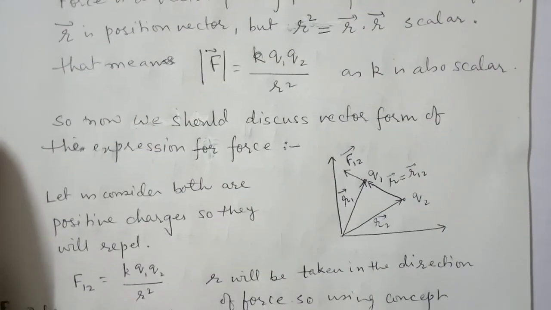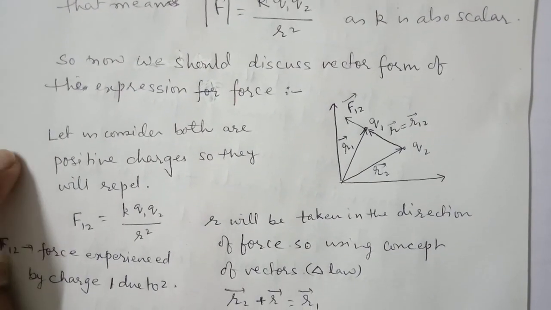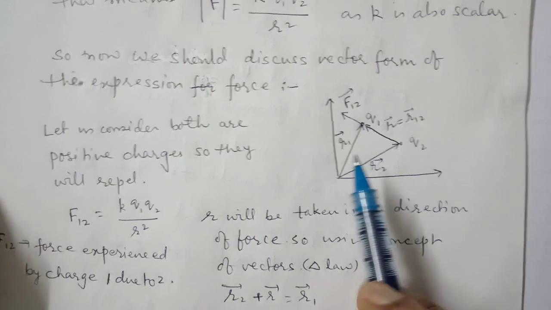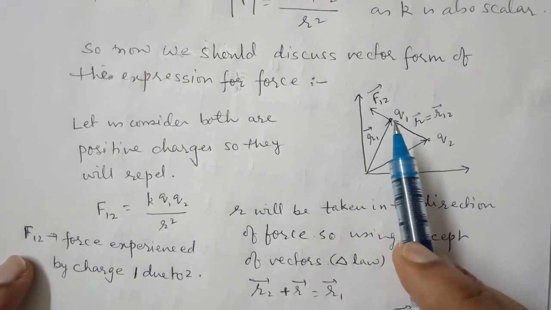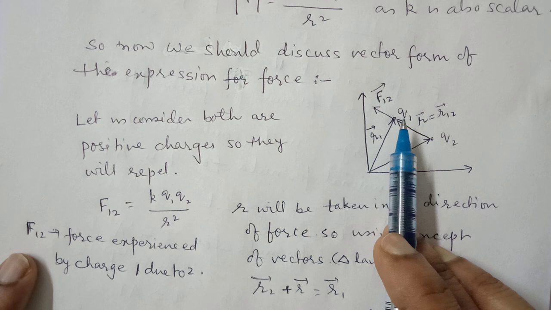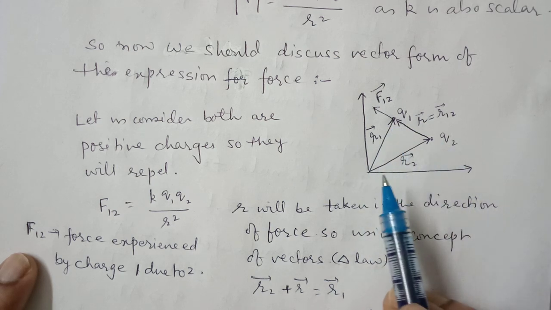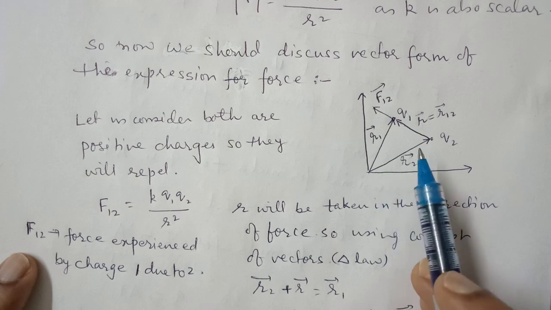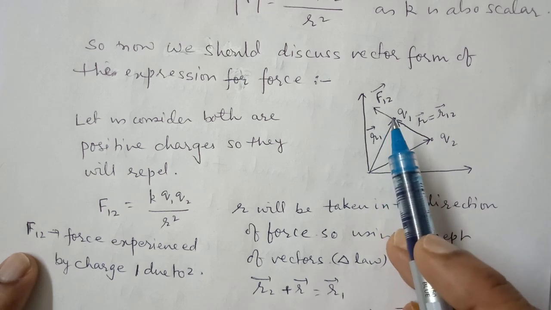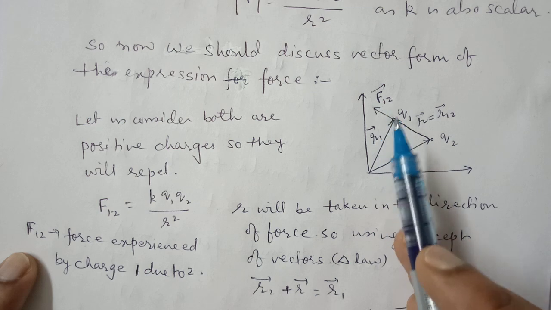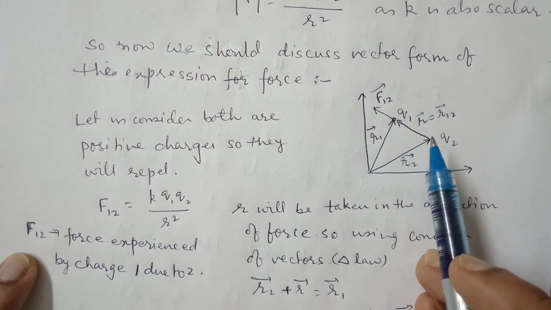Now, how to express force in the vector form? For that, let's take the coordinate system. Consider charge Q1 is placed with the position vector R1, Q2 is placed with the position vector R2. What is the force experienced by charge 1 due to 2? We denote it by F12. This charge will get repelled from charge Q2.